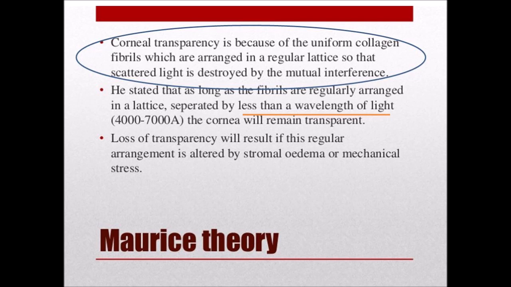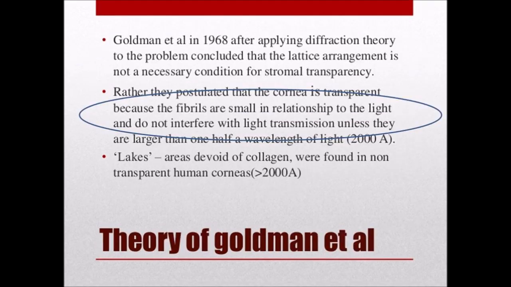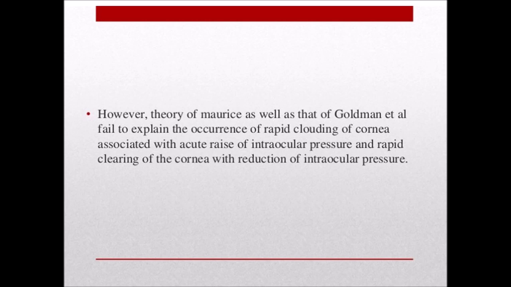However, according to the Goldman theory, the size of the fibrils is so small in relation to the light that they don't interfere with the light transmission, and hence the cornea is transparent. But both Maurice and Goldman theory fail to explain loss of transparency in cases of clouding of the cornea and acute rise of intraocular pressure.